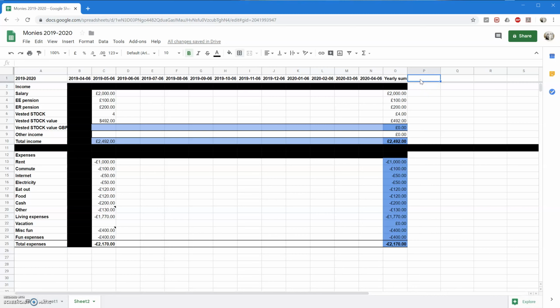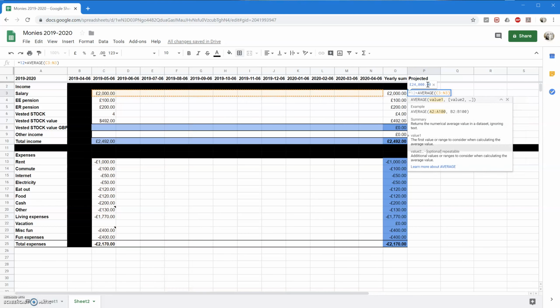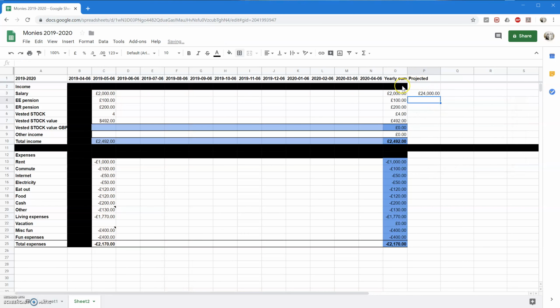We can try to project the total, projected for the year, which would be 12 times the average of C3 to the N3. And so on.